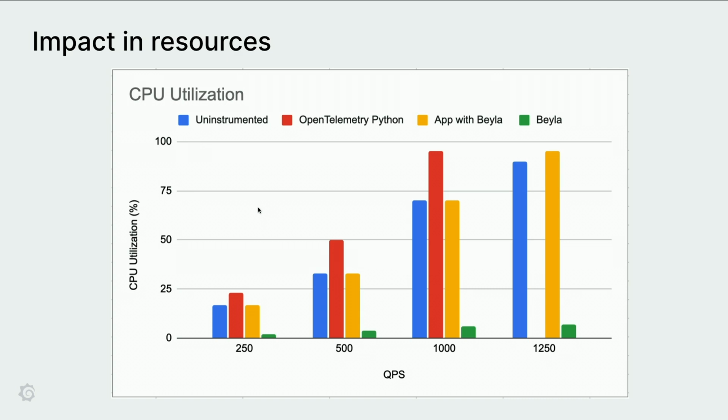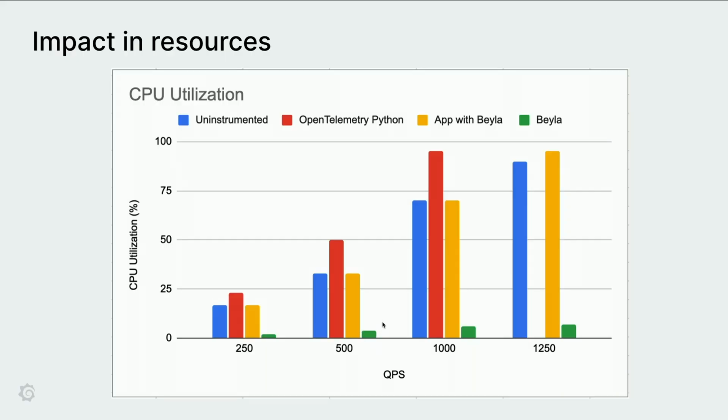But we need to add, of course, the CPU that is consumed by Beyla. Beyla is another process that is consuming some CPU. So you should stack this green bar on top of the yellow bar to get a more accurate view of the CPU resources you are investing in instrumenting your application.